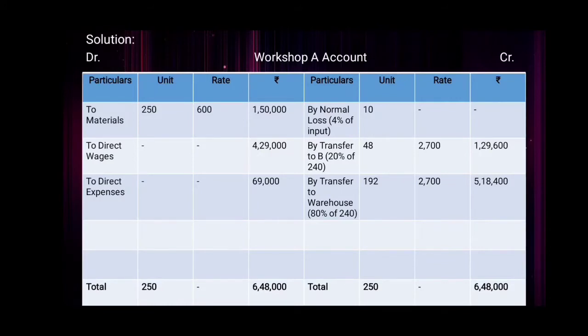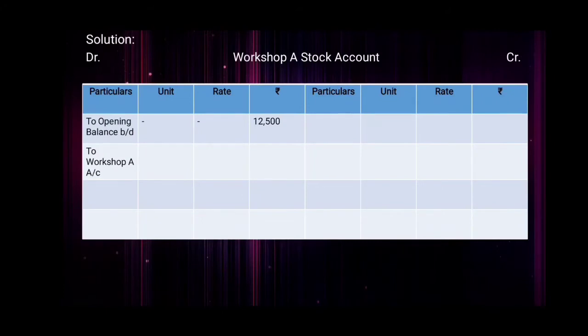By transfer to warehouse, that is 192 units at the rate of 2,700. Total amount will be 5,18,400. To workshop A account, 192 units at the rate of 2,700. Total amount will be 5,18,400.